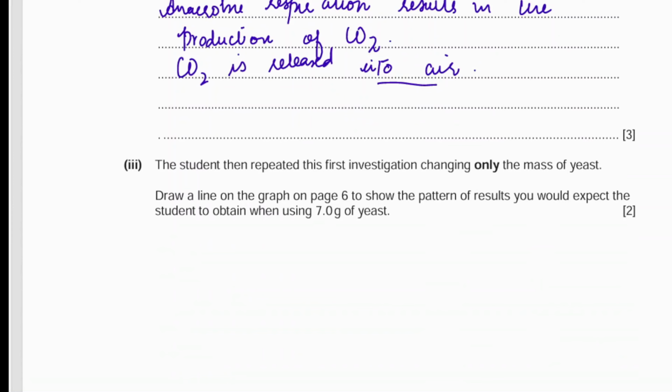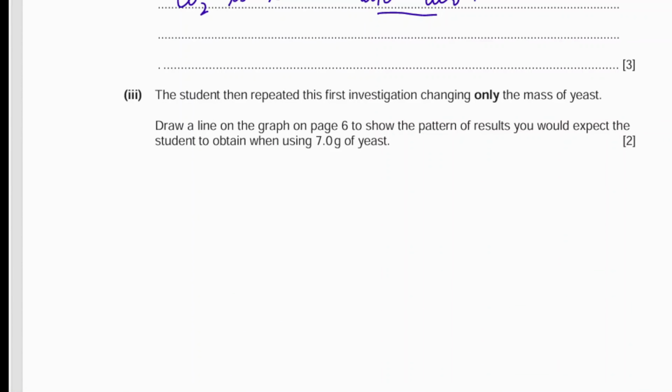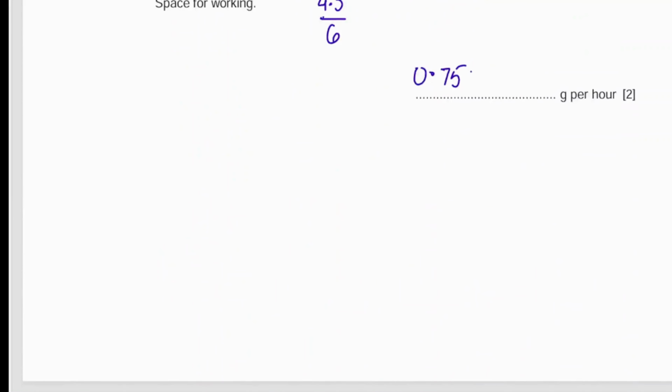Then the student repeated this first investigation changing only the mass of yeast. Okay, instead of 3.5 they may take more mass. Draw a line on the graph on page number 6 to show the pattern of the result you would expect the student to obtain when using 7 grams, like you have doubled the amount. So what do you think, what would be the effect?